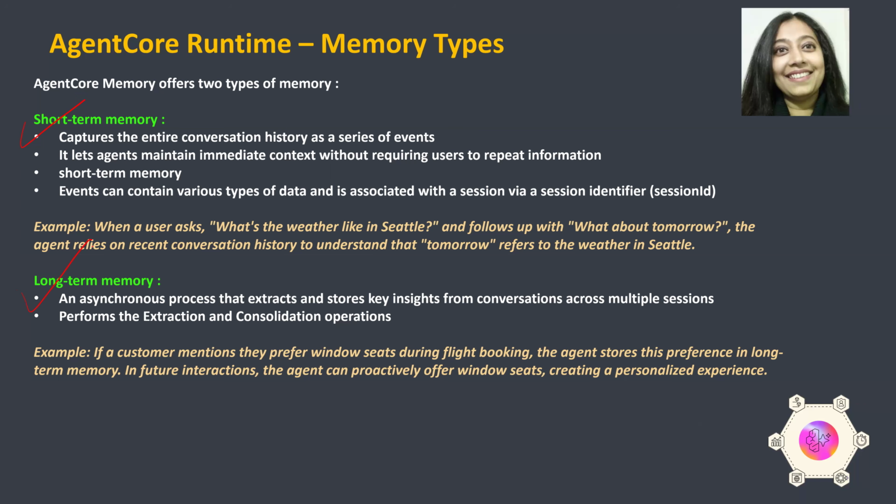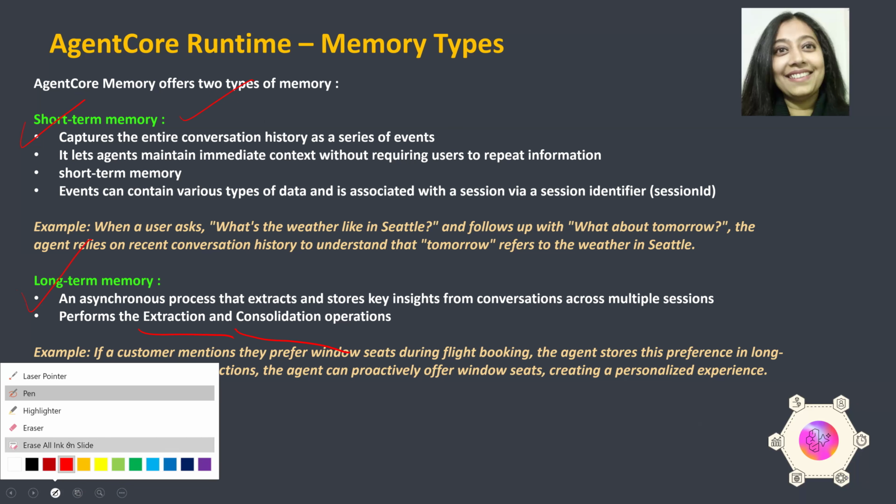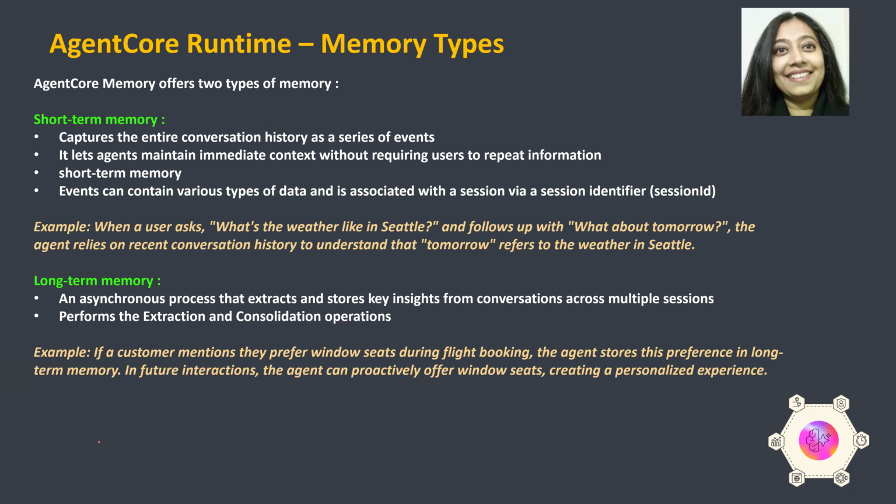Across the different conversations that you've had with people, you will remember what the person says, and then you'll go ahead and extract and consolidate that information. So this is how Agent Core short-term and long-term memory works. It's very similar to how human memory operates.